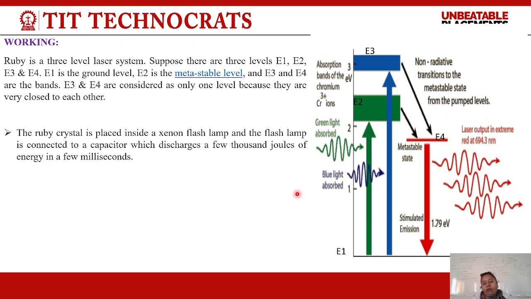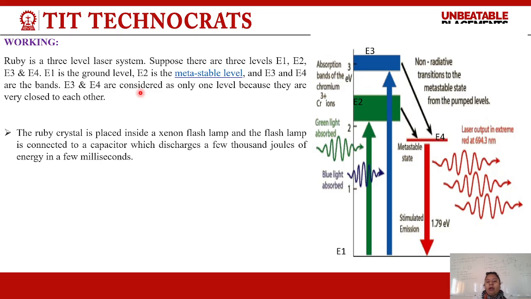What is the working of a ruby laser? The ruby laser is basically a three level pumping laser. Whenever we dope chromium ions inside the aluminum oxide crystal, there are three levels set for the chromium ions.